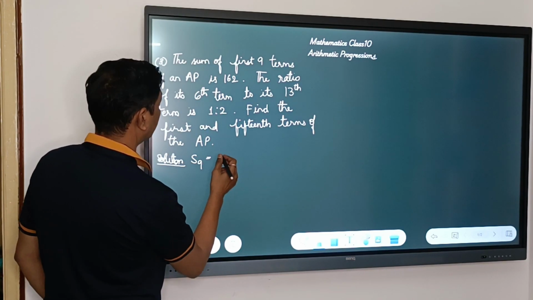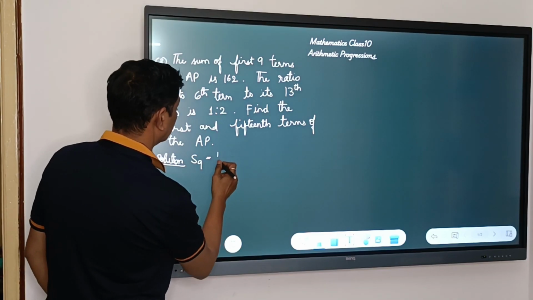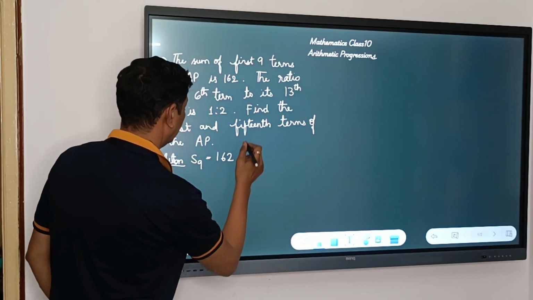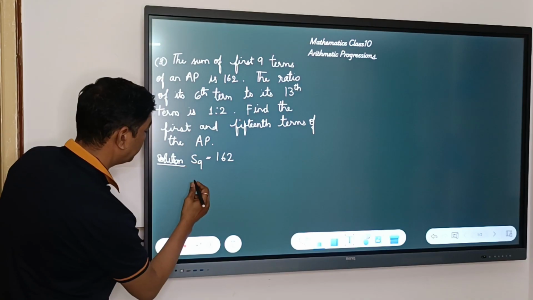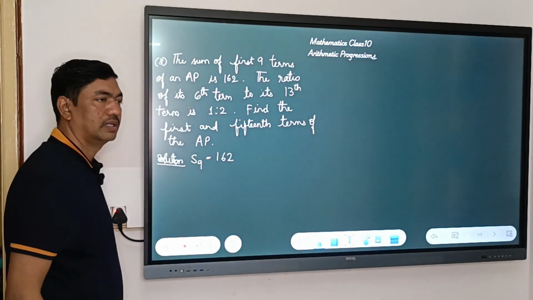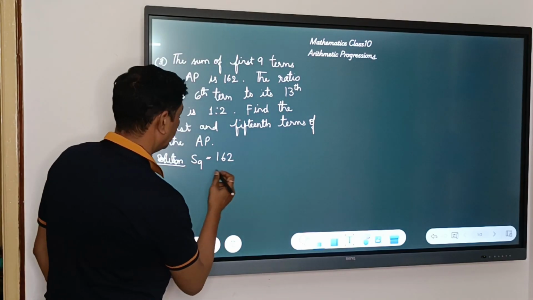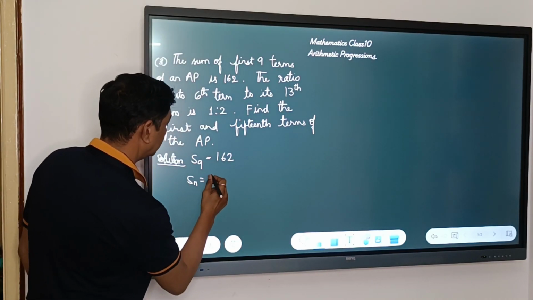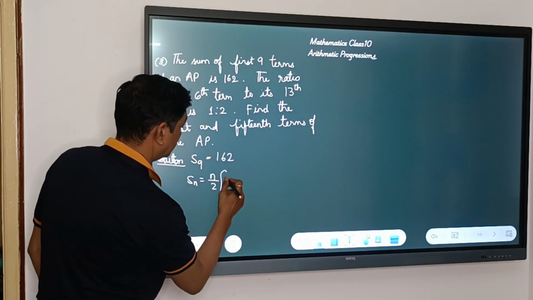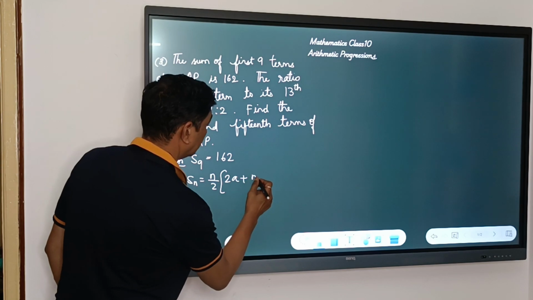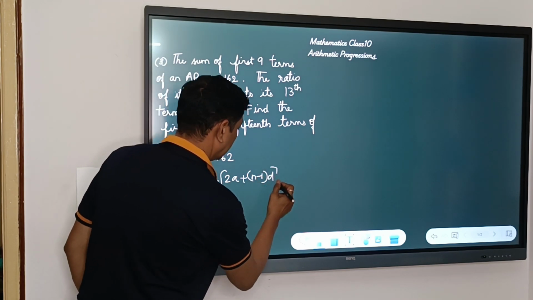S9 is given as 162. So S9 means what? Sn is n by 2, that formula we can apply. Sn is equal to n by 2 into 2a plus n minus 1 into d.